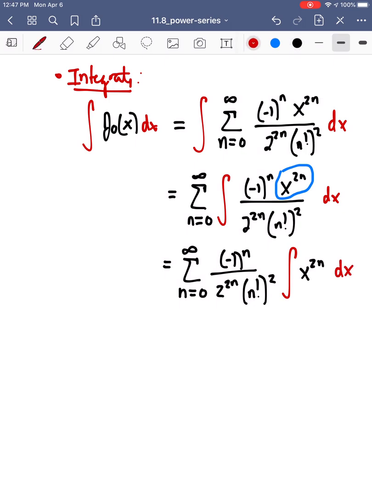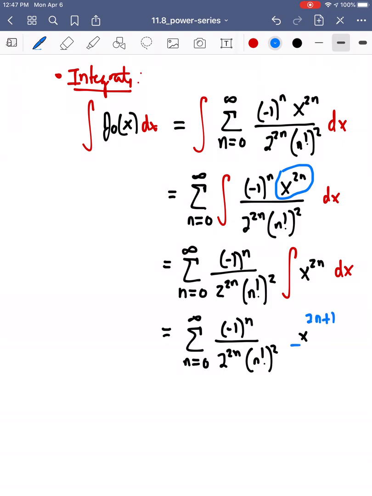Because again, that's where all the x dependence is. So just going ahead and integrating that x^(2n), we just get to use, you've probably guessed it, the anti-differentiation power rule, where we bump up that power plus 1, so we get 2n+1, and we divide by that power plus 1 as well, divided by 2n+1. And again, since this is an indefinite integral, we have to tack on a plus C.